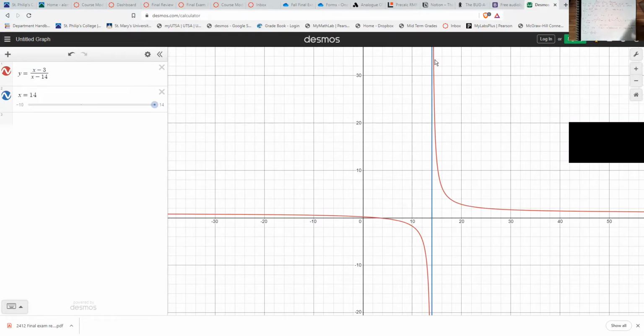So I'd say, as an explanation, I would just say, examine the graph on the right side.